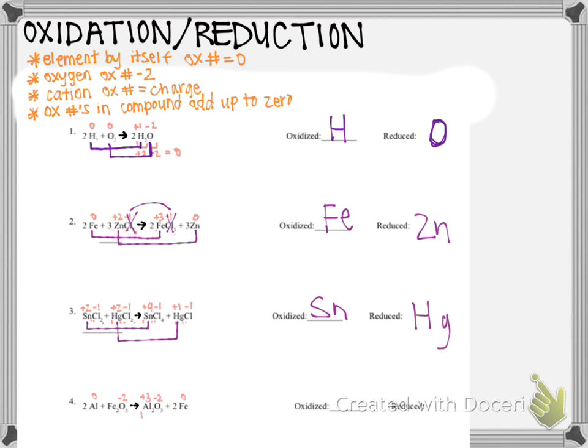And if you look to double check, it's Al2O3, so that means 3 times 2, I have a total of +6 coming from here, and a total of -6 coming from my oxygen, so I would need a total of +6 coming from my iron. And you've got 2 irons, so each iron has to be +3.